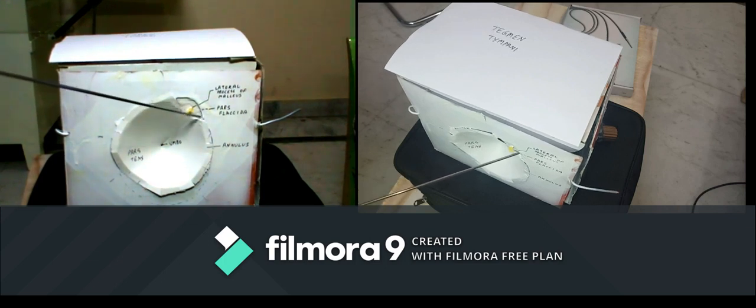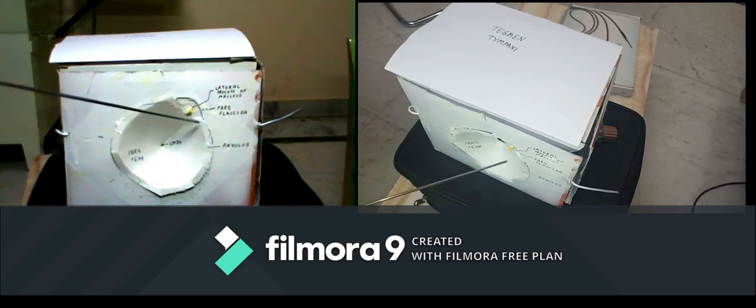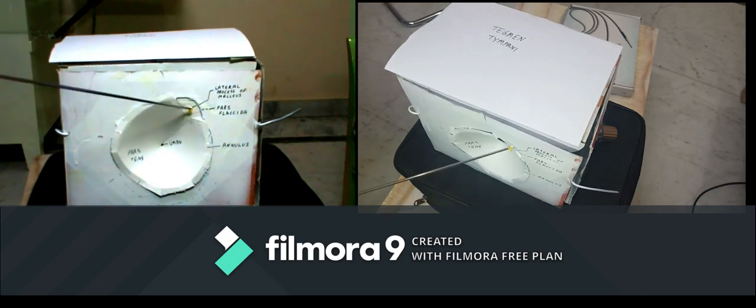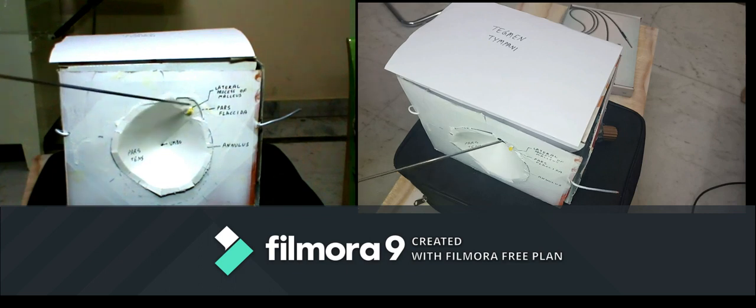This is a dimeric membrane, not as stiff as pars tensa, therefore it is known as pars flaccida. The yellow structure coming out of your pars flaccida is the lateral process of malleus. So this is pars tensa, this is pars flaccida, and this is the lateral process of malleus.